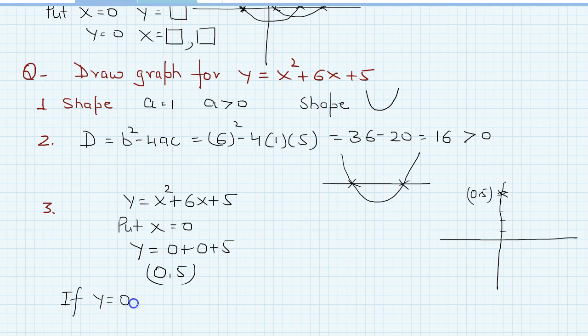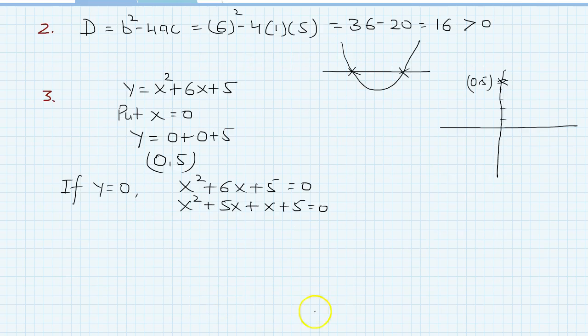Now if y is equal to 0, then x square plus 6x plus 5 is equal to 0. If we factorize it, x square plus 5x plus x plus 5 is equal to 0. x common, x plus 5, plus 1 common, x plus 5.